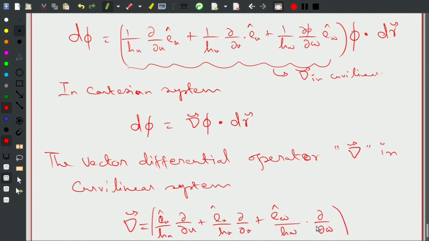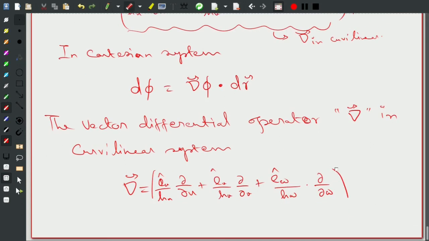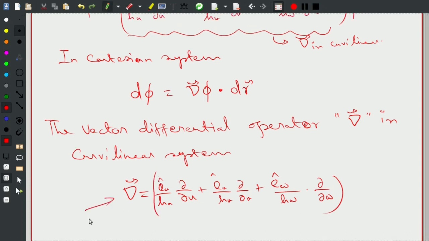So this is our new vector operator, our del operator in the curvilinear system.